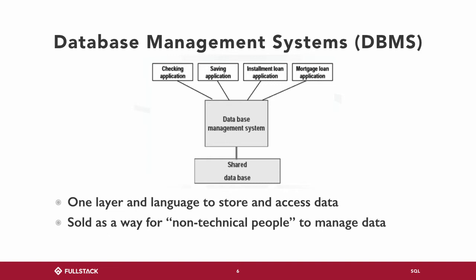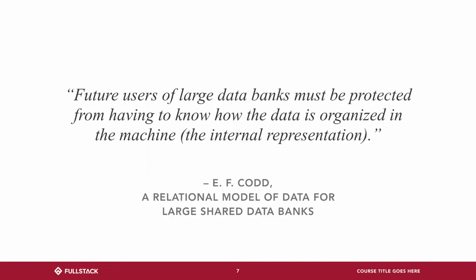Theoretically, this was also a way that non-technical people might be able to access the database without having to go through an application. They would be able to just query the database management system. But the bottom line was that you had this middle layer that the applications relied on to manage the data they would be using.